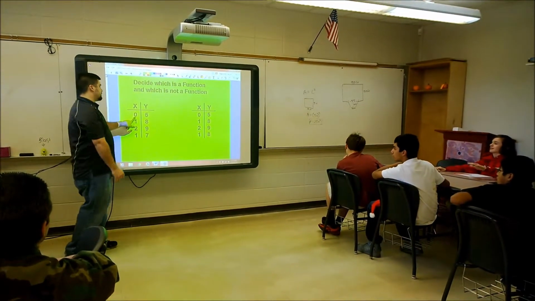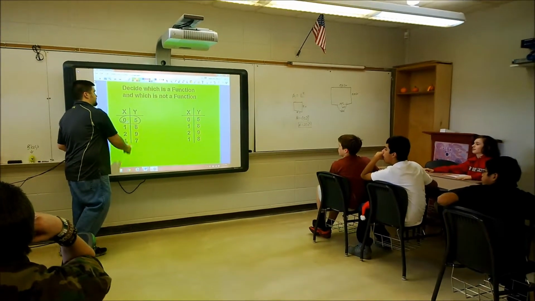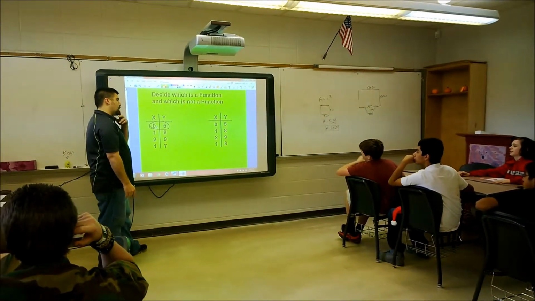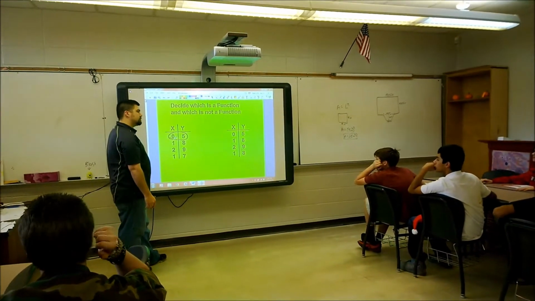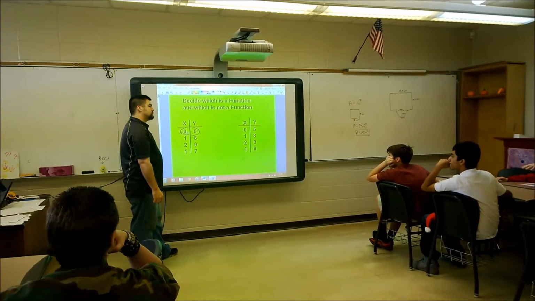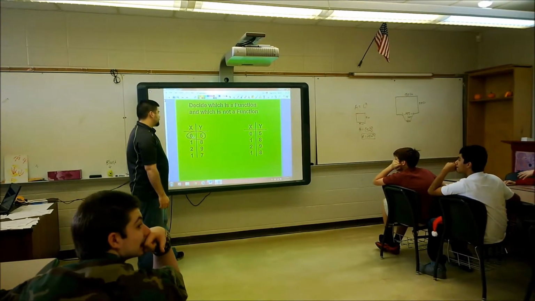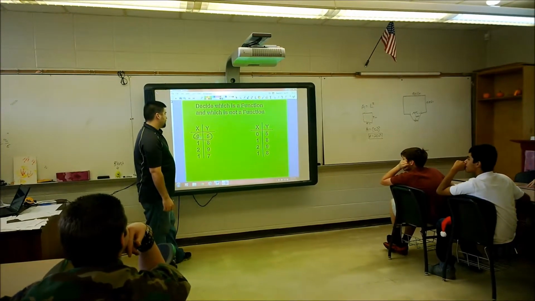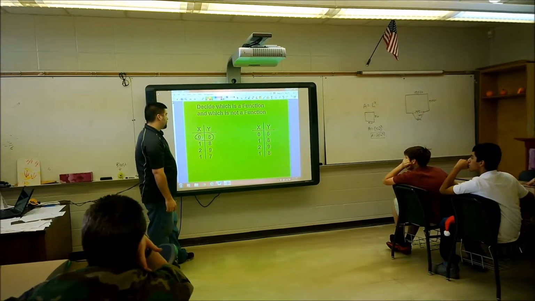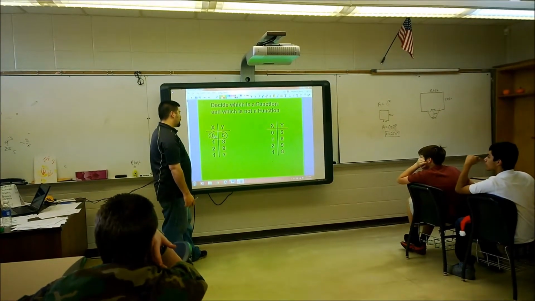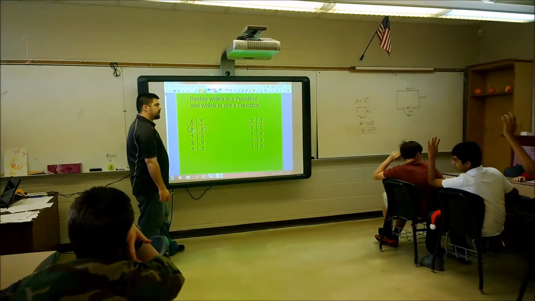So you think this is what's making it not a function? Why? It's not doing the same thing as all the other ones. Okay, does anybody have any other opinion?